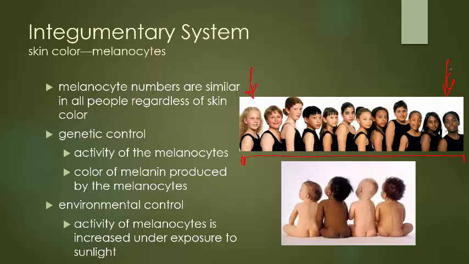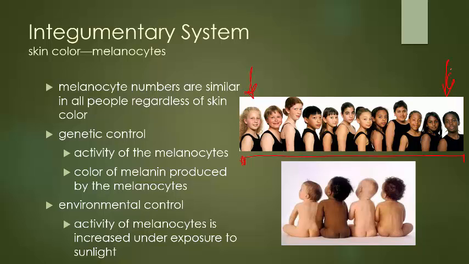So we have skin colors that we inherit from our parents, and that is the primary determinant of the color of the skin that we have. But there is also some environmental control, because exposure to UV light will increase melanin production as well, again for that protective benefit that it provides.